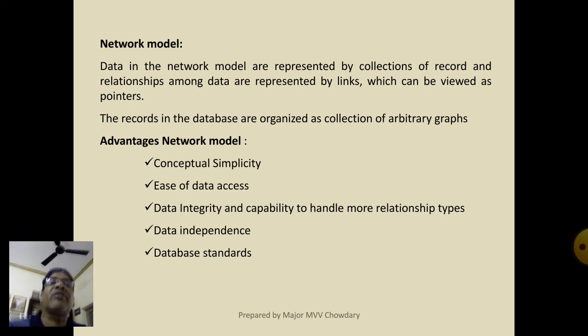Advantages of the network data model: conceptual simplicity, ease of data access, data integrity, capability to handle more relationship types, data independence, and database standards. It handles more relationship types such as many-to-many and multi-parent.